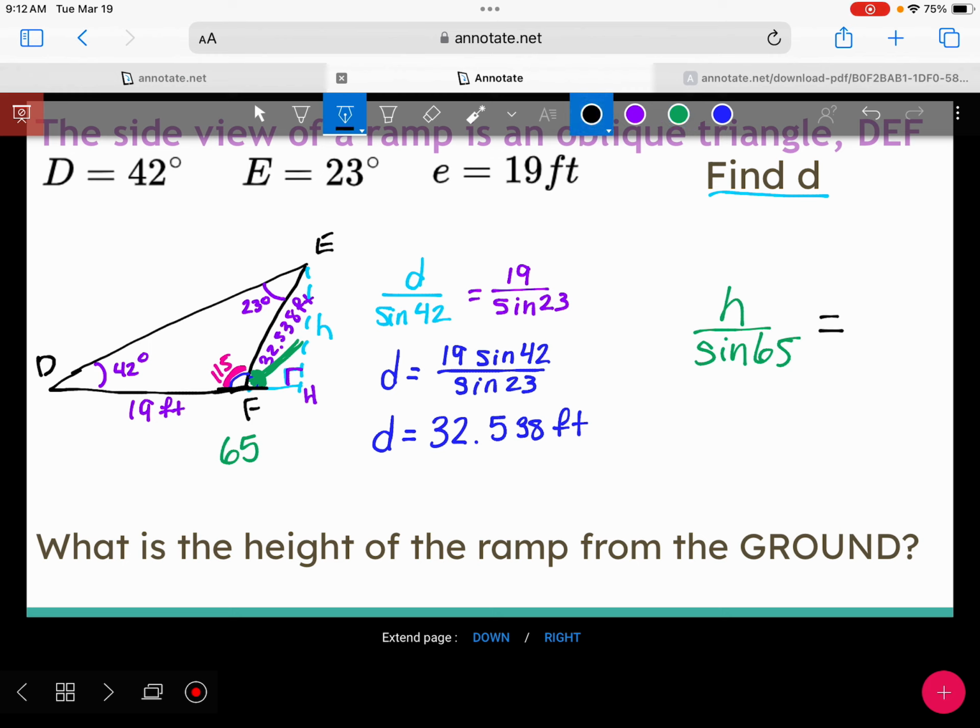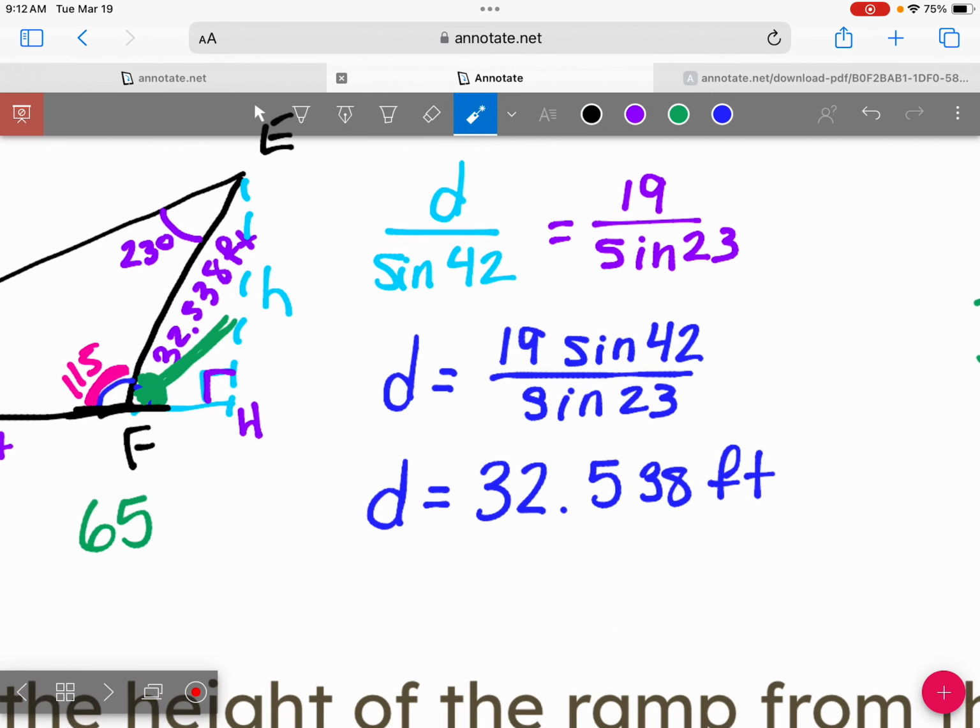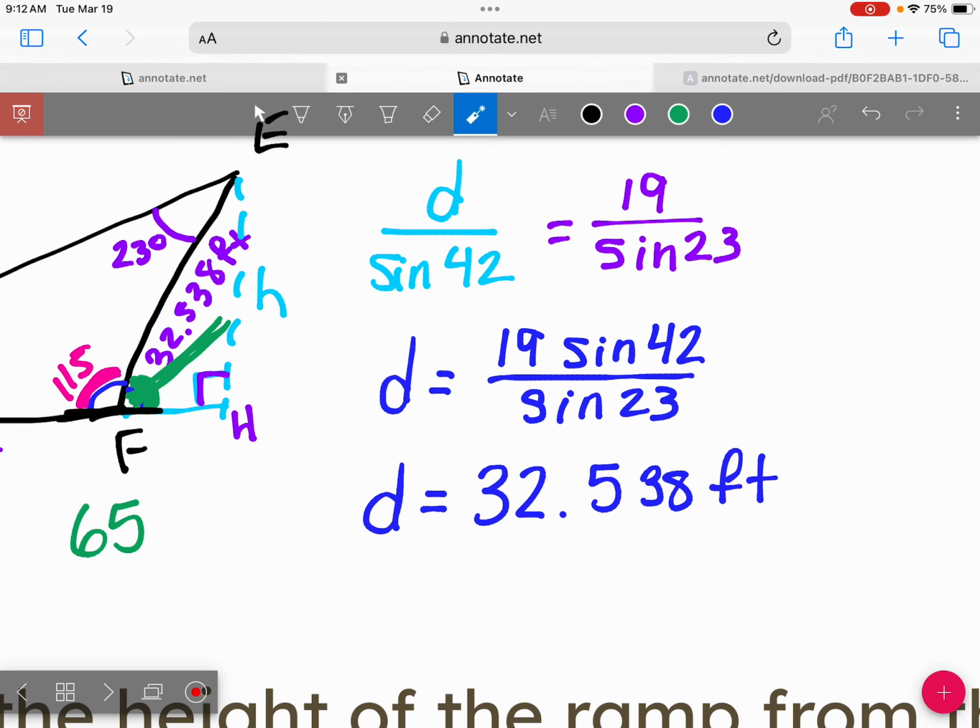What other angle inside do we know in that little right triangle here? What other ratio in this little tiny triangle do we know? We know our 90 and our 32.538.